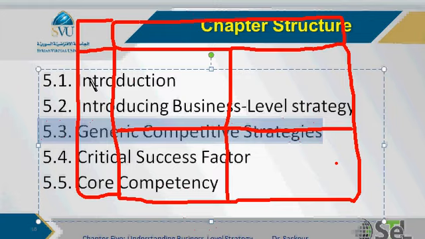Here we have a wide market, and here we have a focused market, or let's say general market.